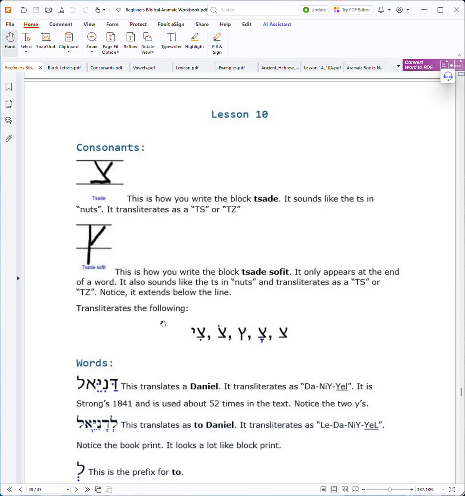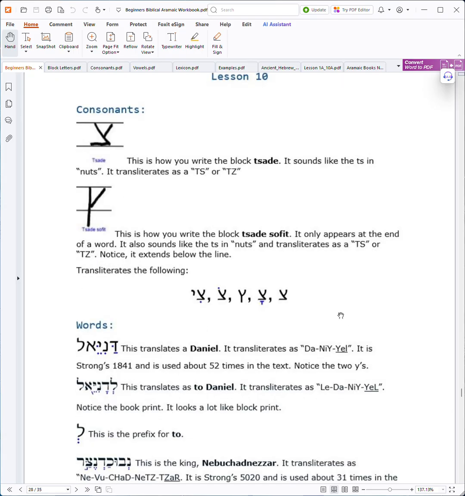Now we want to transliterate this. I usually use TS. It could be TZ, and like I say, you may see it transliterated as an S. So we say TS. This would be TSA. This is the Sophite, so it's TS.